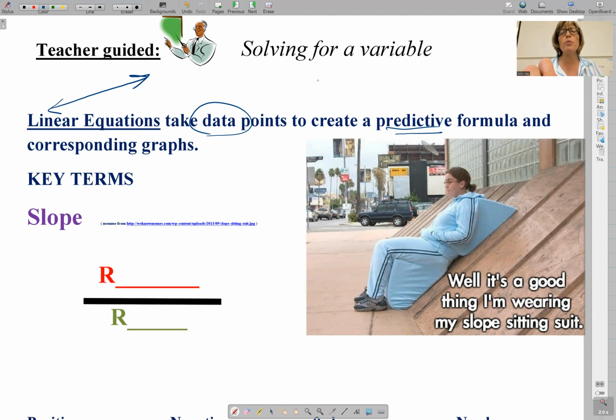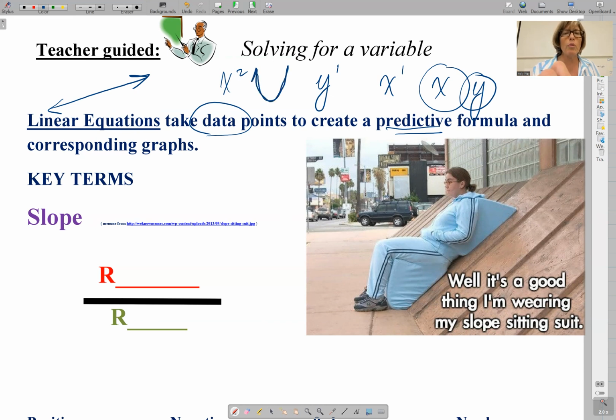Anything that has variables y to the first and x to the first, technically just x or y, is a linear equation. Versus when you start getting stuff with x squared or y squared, you've just got curvy stuff going on. Parabolas, circles, ellipses, hyperbolas, all kinds of fun things, okay?